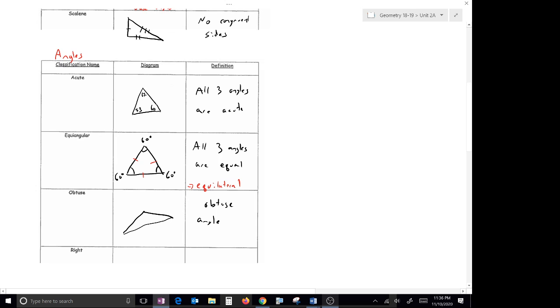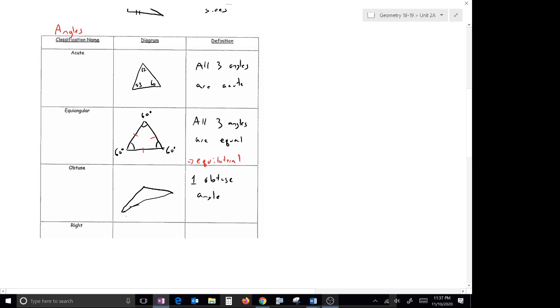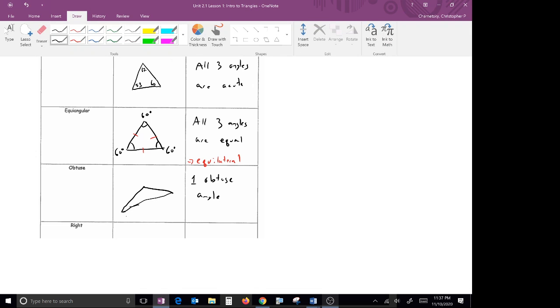You can't have more than one because obtuse means more than 90 degrees. So if you had more than one, you'd have more degrees in just those two angles than you need to have available for a whole triangle.